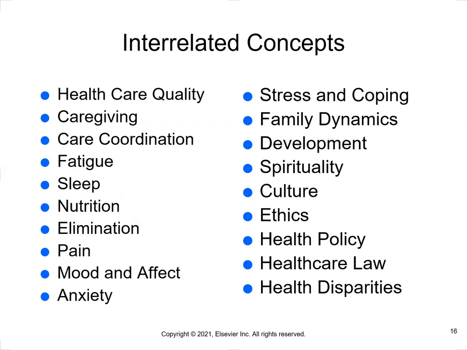Interrelated concepts, they're listed there. I'm not going to read over them. But the concepts we're going to focus on are only two. And what were those exemplars? Palliative care and death and dying. All of this ties into it. Could healthcare quality tie into palliative care, death and dying, grief and loss? Yes. What about caregiving?